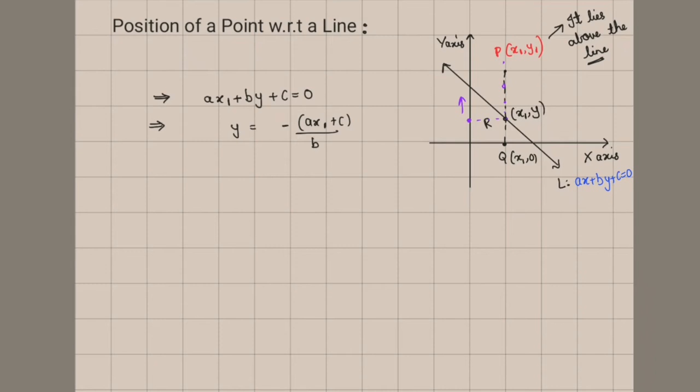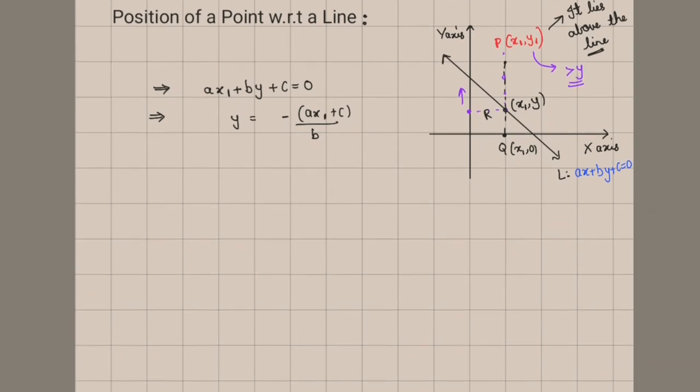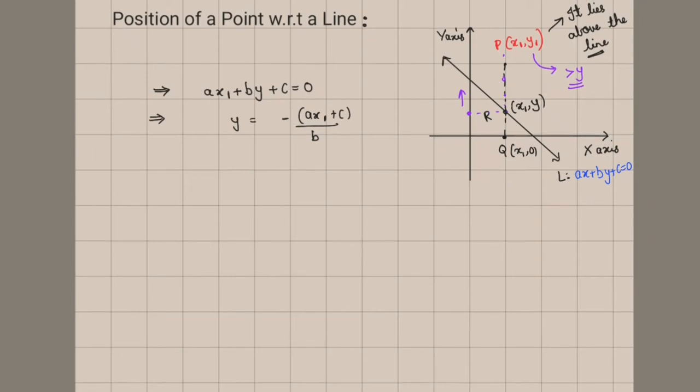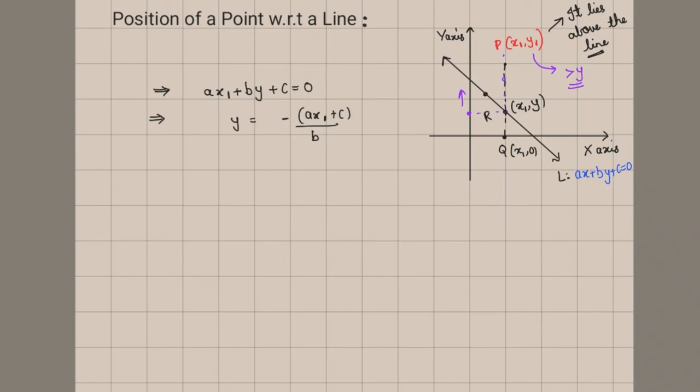Similarly, if you take any point below, all these points below will have a lesser ordinate. Whereas y satisfies the equation of the line. Similarly, if you take any other point on the line, all the above points will have a higher ordinate, all the below points will have a lower ordinate.